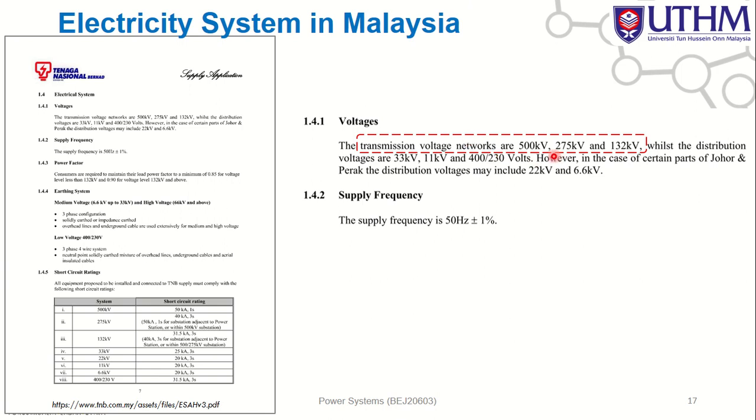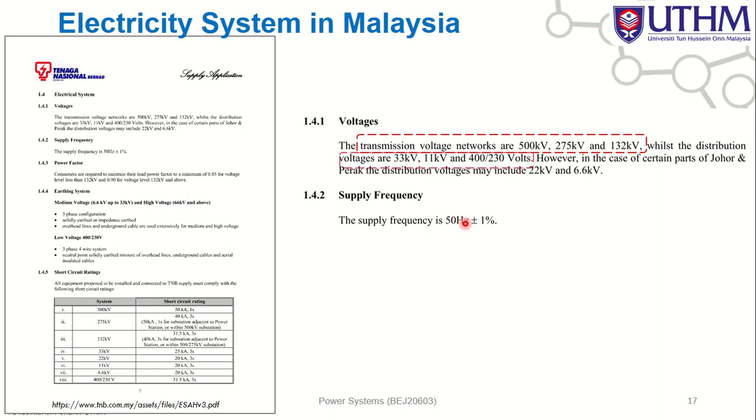We have 500 kilovolt, 275 kilovolt, and then 132 kilovolt in Malaysia. But for the distribution system, we have 33 kilovolt, 11 kilovolt, and then 400 or 230 volt. This 400 volt is the three-phase line voltage, and then 230 volt we call the phase voltage, the single-phase voltage. But this one is the line voltage.